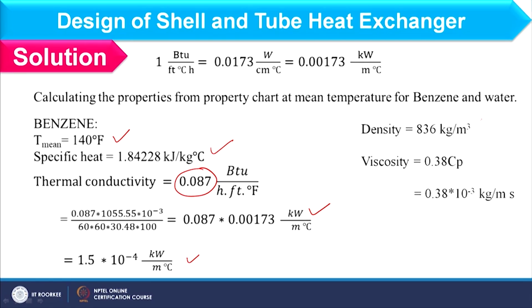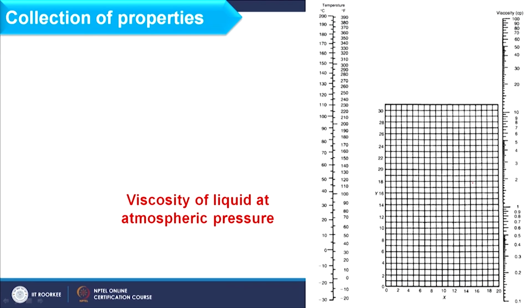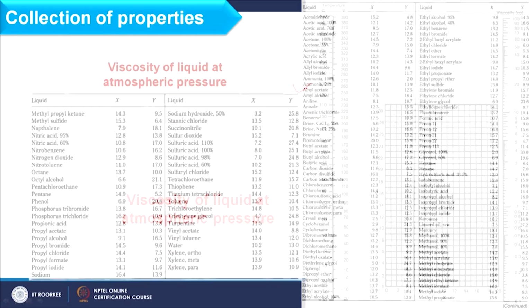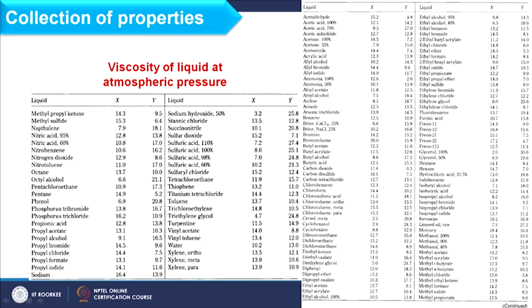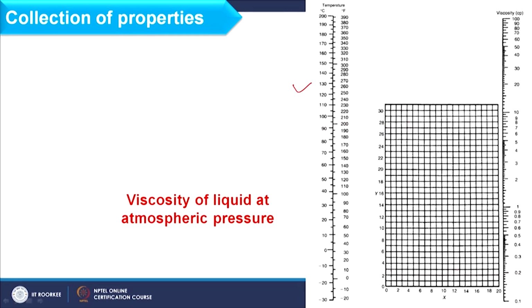Okay. Density of benzene we can obtain, and similarly we can obtain the viscosity of benzene. For viscosity we can use this graph, and the x and y values, as we have already explained, you can take from here, and for benzene they are 12.5 and 10.9. So, you can simply make the point over here. It will lie somewhere here. The 140 degrees is the average temperature you already know.